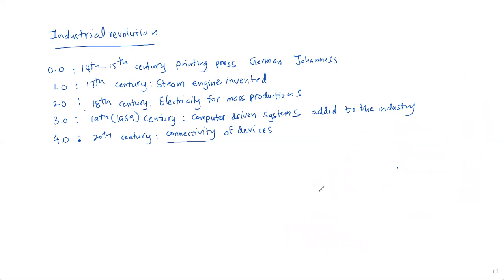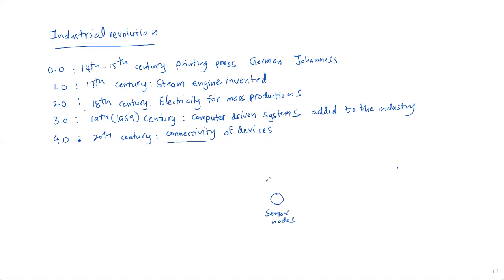In industrial scenarios, we can have sensor nodes, as I said, right? Sensor node means the collection of the sensors, microcontrollers, and communication modules. All the combination we call sensor nodes.